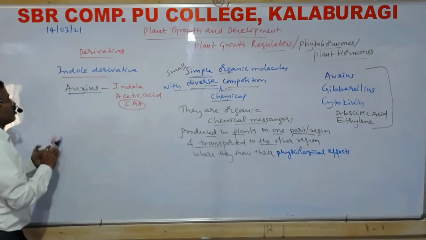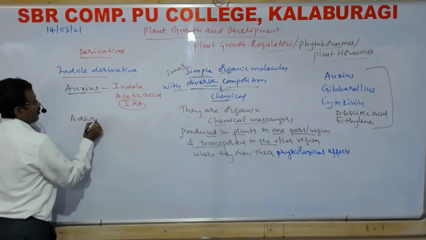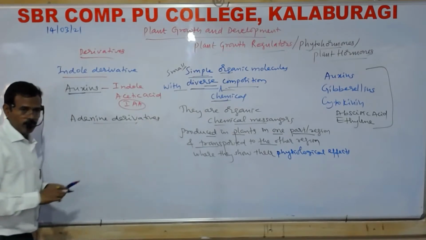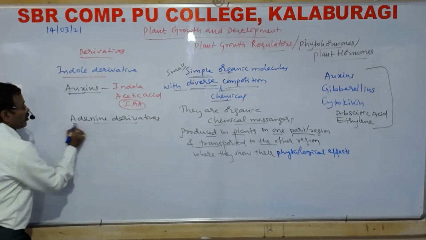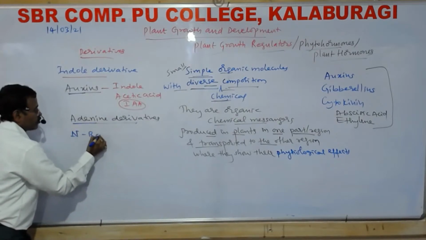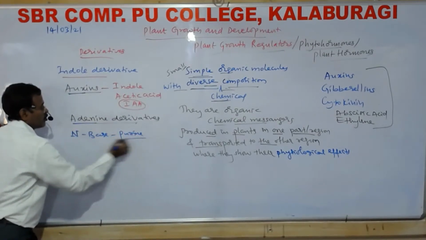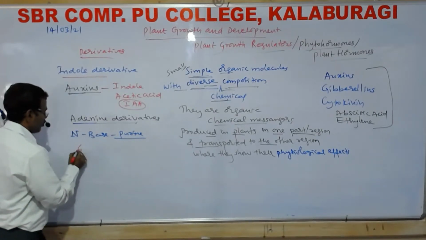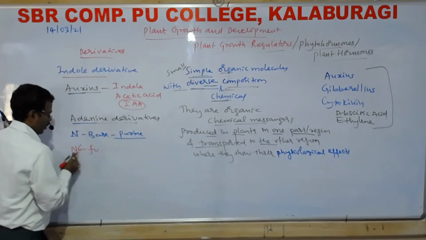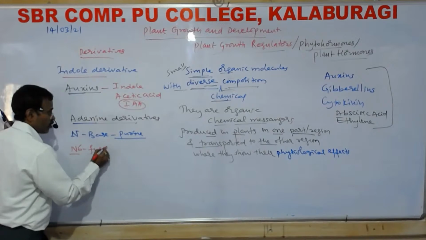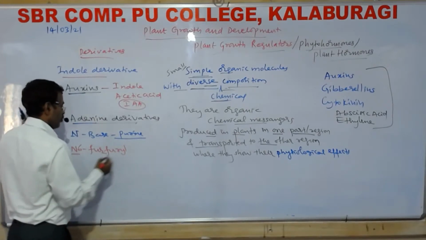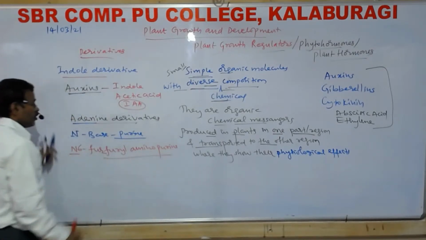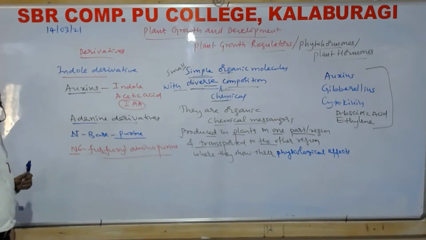Then we have adenine derivatives. Adenine is a nitrogen base. It is a purine. Adenine derivatives. Here we have N6 furfuryl aminopurine.